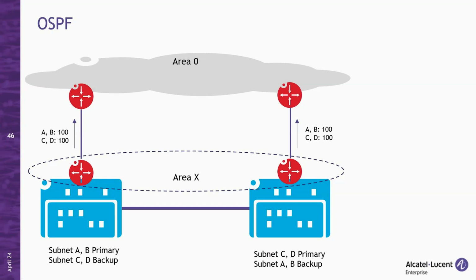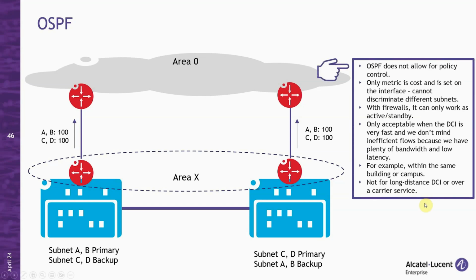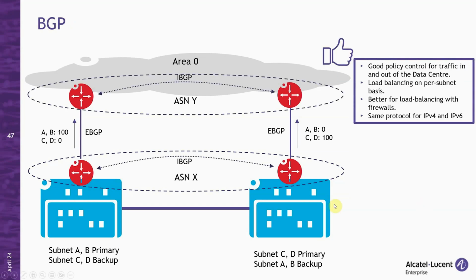With firewalls, it can only work as active-standby, and OSPF requires separate protocol instances for IPv4 and IPv6. OSPF can be acceptable when the DCI is very fast and not over long distances. Even with inefficient traffic flows, we will still have plenty of bandwidth and low latency. OSPF can be acceptable if it's within the same building or campus, for example.